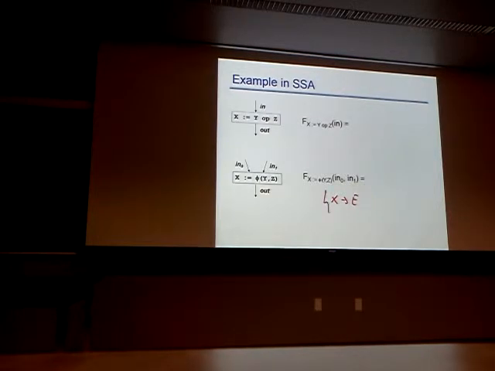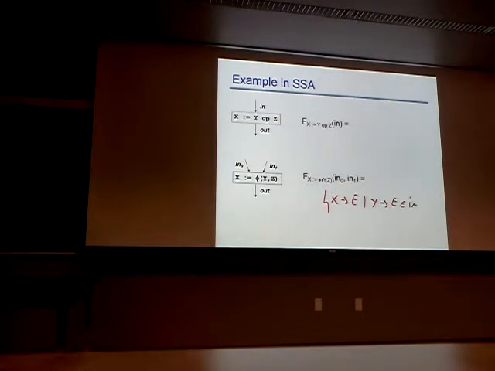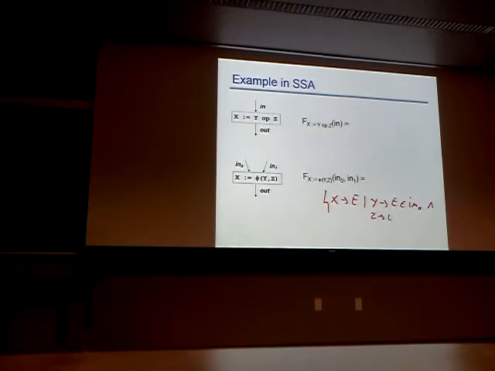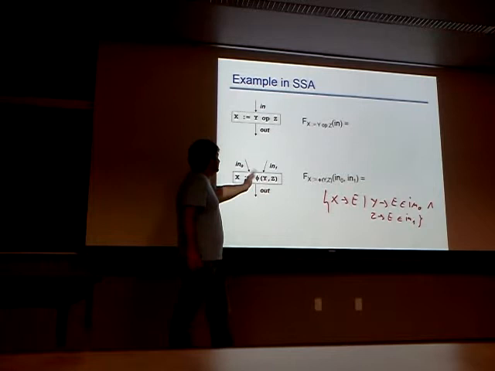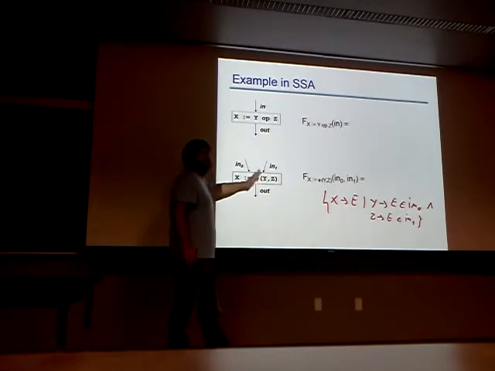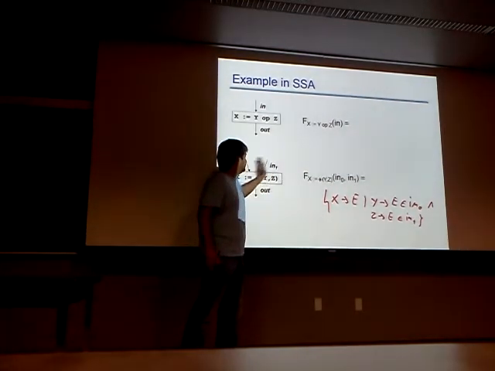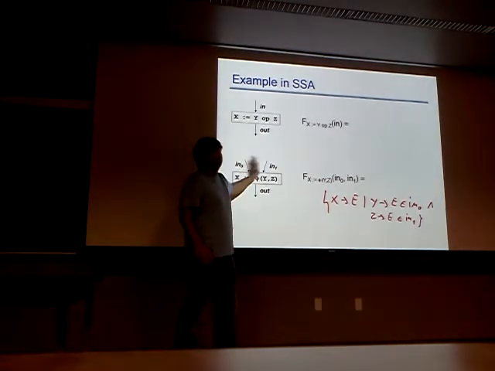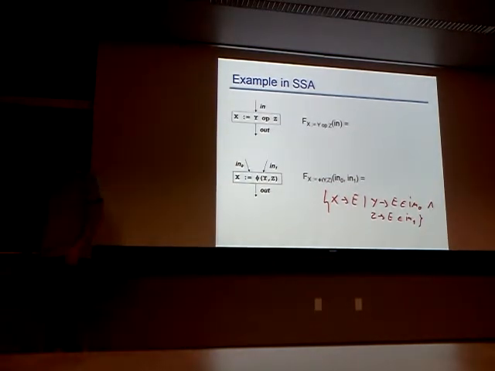So X points to E such that Y has the value E on the edge coming from here, and Z contains the value E on the other one. We're allowing for different variables, because it's going to take Y when you're coming from here, and it's going to take Z when you're coming from here. So the point is that X, Y, and Z all have the value E on the two sides, and you can just maintain that information.